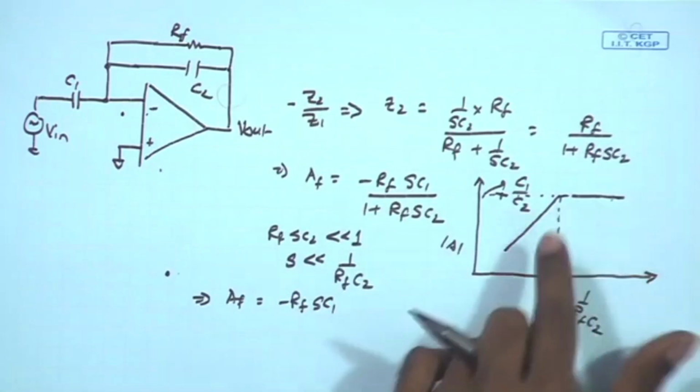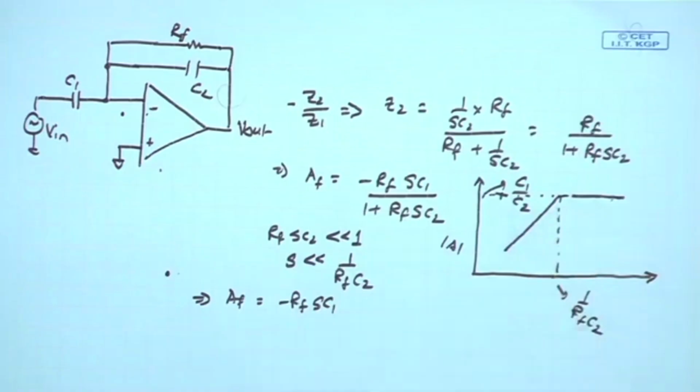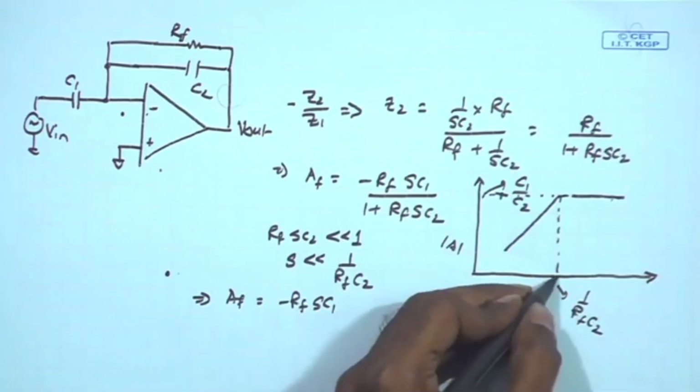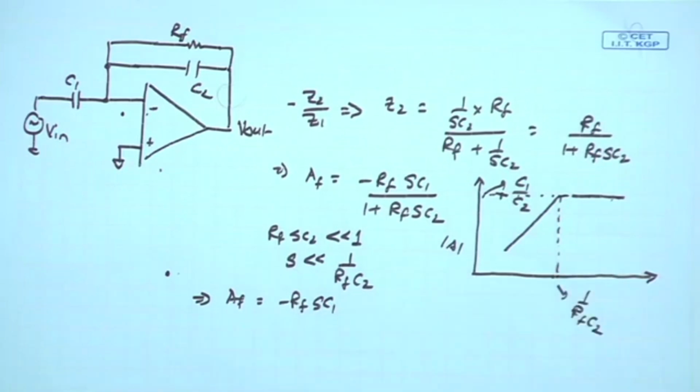We have just figured out that in order to allow our neural signal to pass through this amplifier, we must make sure that this cutoff frequency is lower than 0.5 hertz.